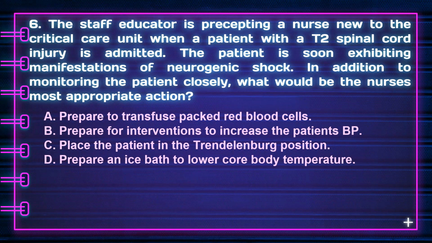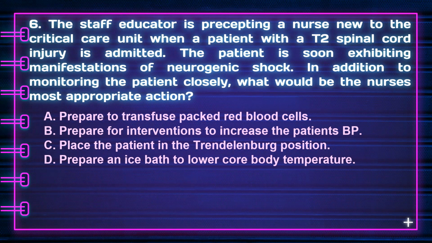In this case, the best answer is letter B, because this is already a manifestation of neurogenic shock, and that includes a decrease in BP. There are also problems of the heart rate, and cardiac markers would be expected to rise in cardiogenic shock.